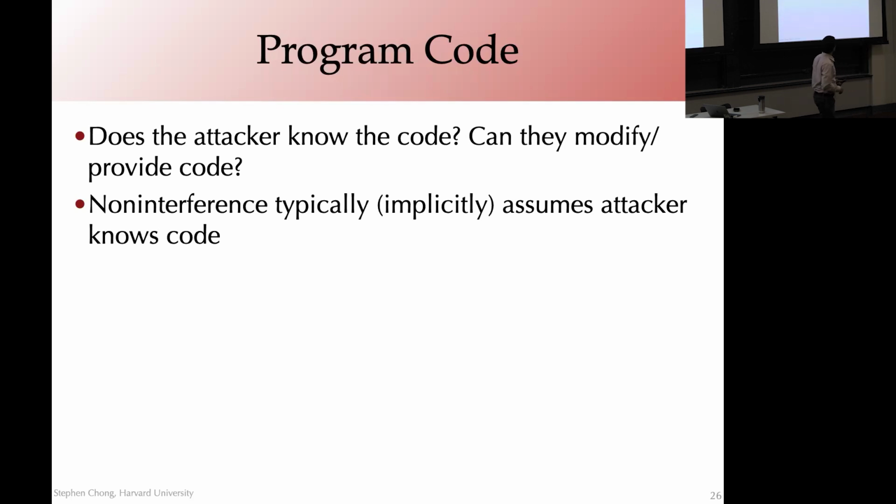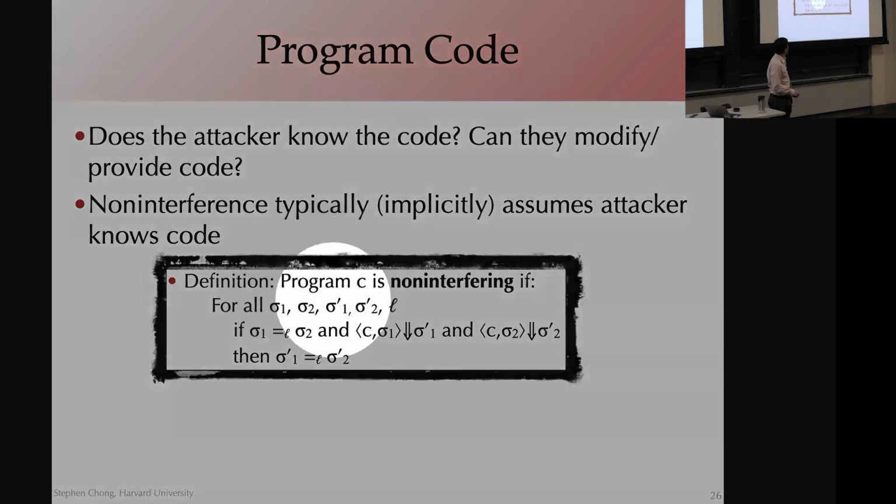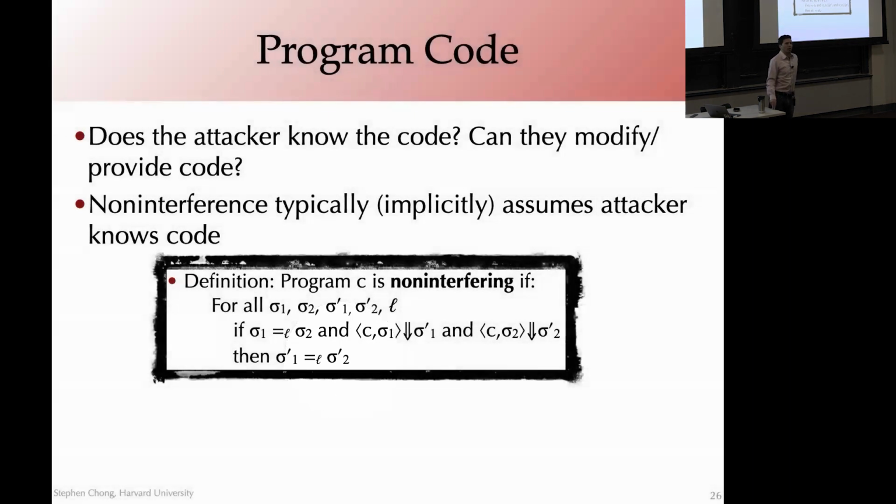With non-interference, we normally assume that the attacker does in fact know the code of the system. And that's implicit in this definition, with the idea being that if a program C violates non-interference, if we have some low security variables that differ in the outputs, we're assuming that that is bad, that that is going to allow the attacker to infer some information about the secret inputs, the high inputs.